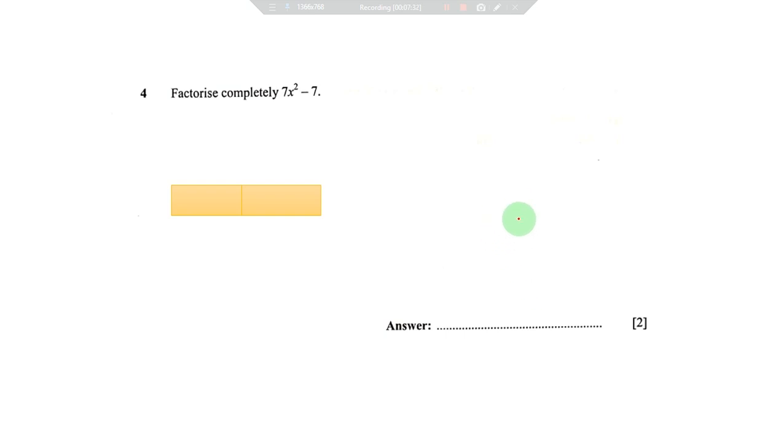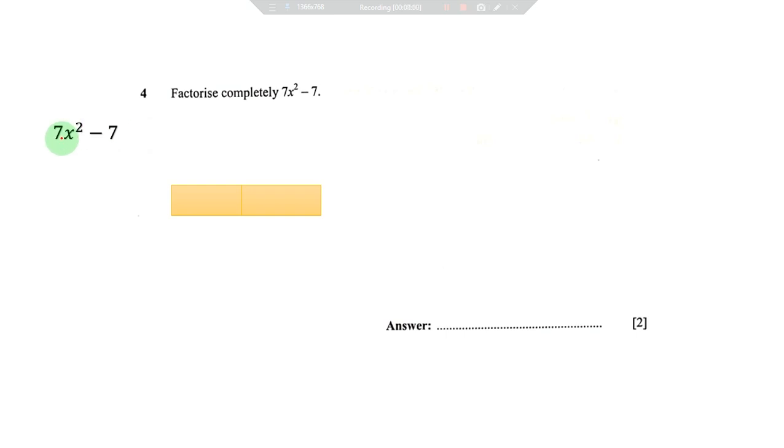Factorize completely. This is another form of factorization. If you watched that video for factorization, then this should be a walkover for you. All these 3 questions that we are solving, we're not going to panic. When you have 2 terms and there is a power 2, what you're going to do is find what is common.